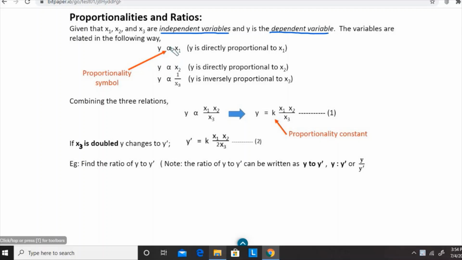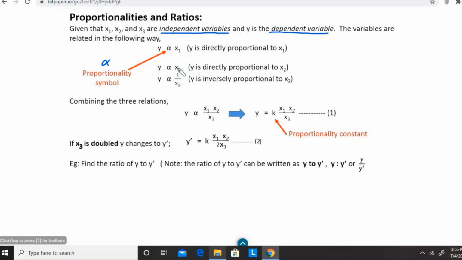So the first 2 relations are direct proportionalities. That means when one variable is increasing, the other variable is also increasing. When one variable is decreasing, the other variable is decreasing. This symbol over here looks like alpha, but that's what we call the proportionality symbol.